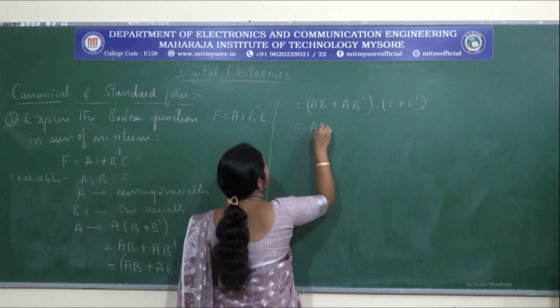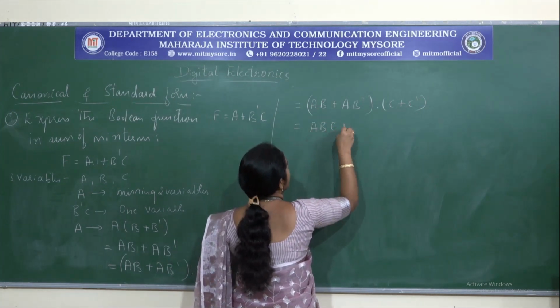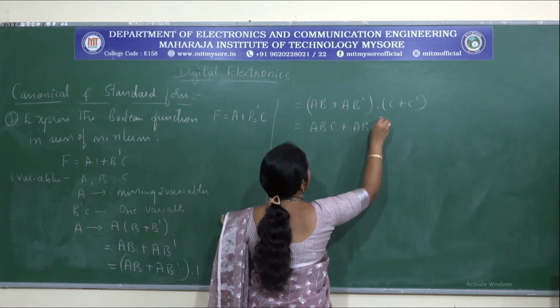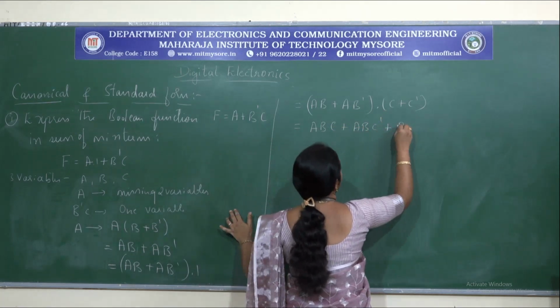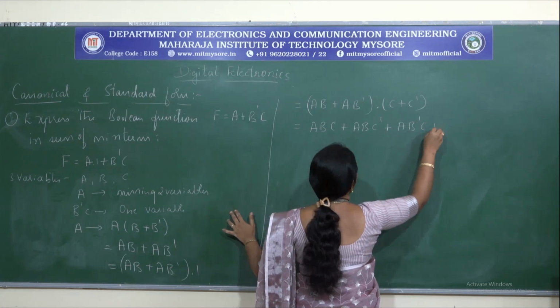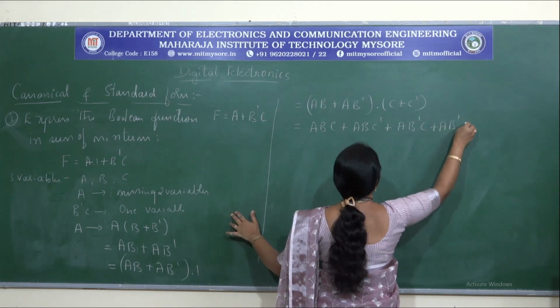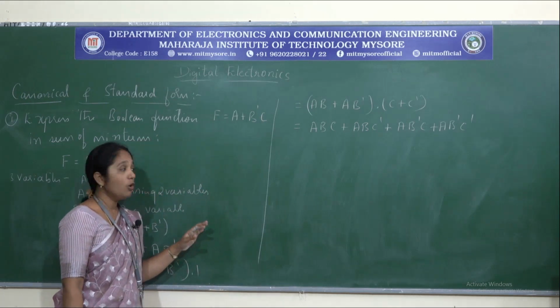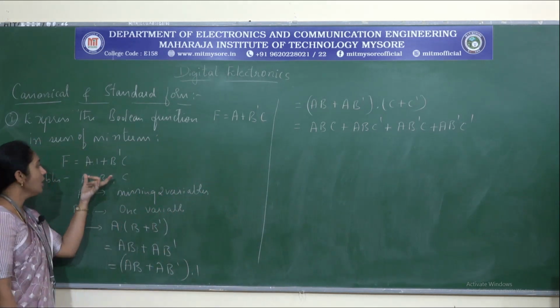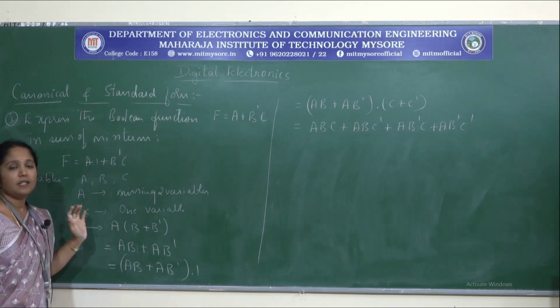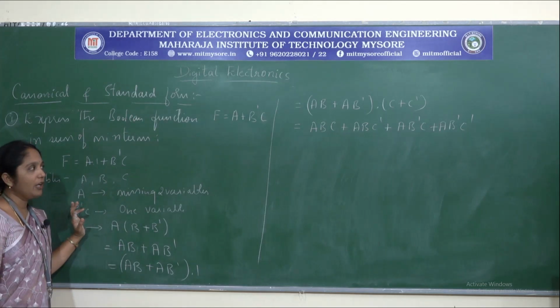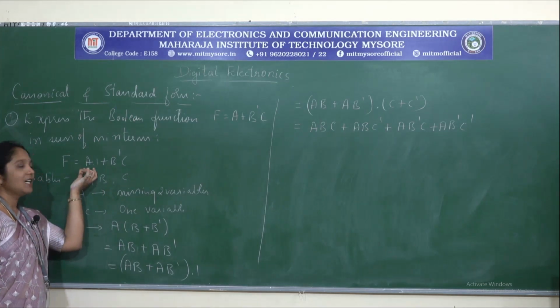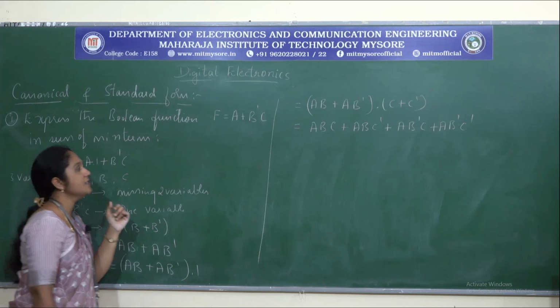Further we get ABC plus ABC dash plus AB dash C plus AB dash C dash. So we have 4 terms; this is the canonical form for the first product term.